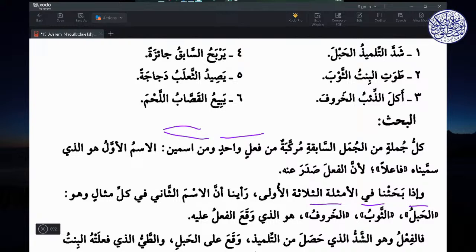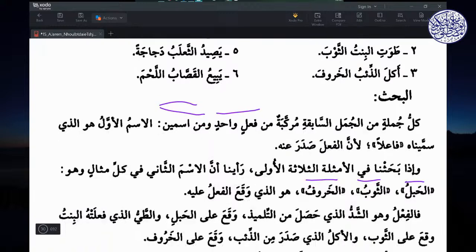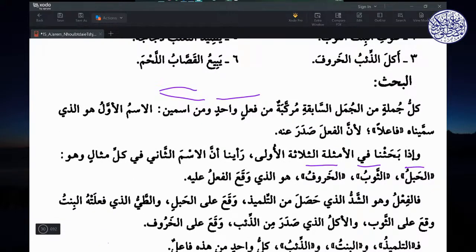They're not the doer of the action, but the action fell upon them. فالفعل, so the verb, وهو الشد الذي حصل من التلميذ, which took place from the student, وقع على الحبل, fell upon the rope. والطي, and the folding, الذي فعلته البنت, which the girl did, وقع على الثوب, took place upon the clothing. والأكل, and the eating, الذي صدر من الذئب, which took place from the wolf, وقع على الخروف, took place upon the lamb.